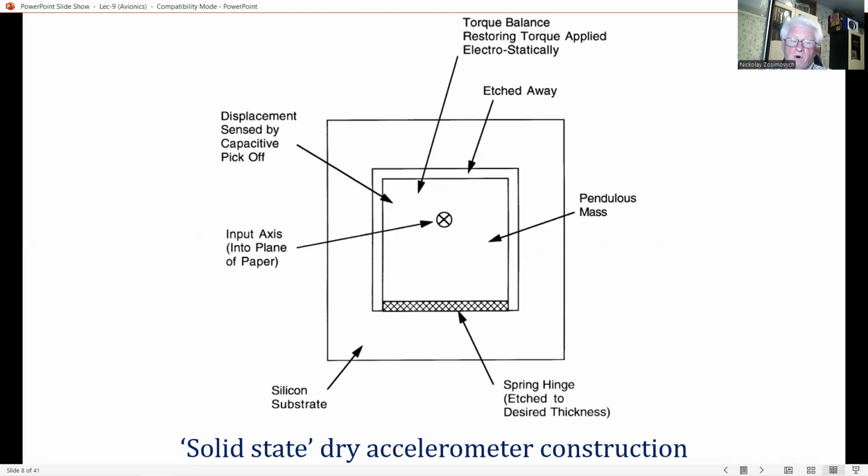The capacitive pick-off senses the deflection of the pendulum under acceleration, and electrostatic forces are exerted to maintain the pendulum near the null position by applying DC voltages to the case-mounted electrodes by means of the caging.